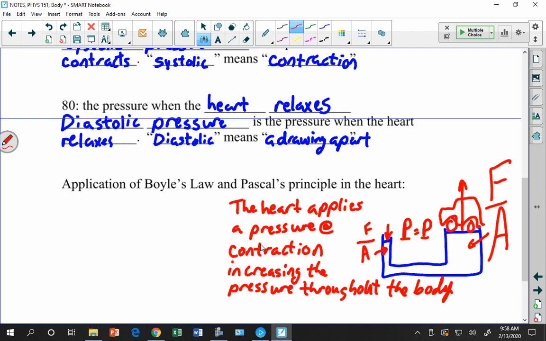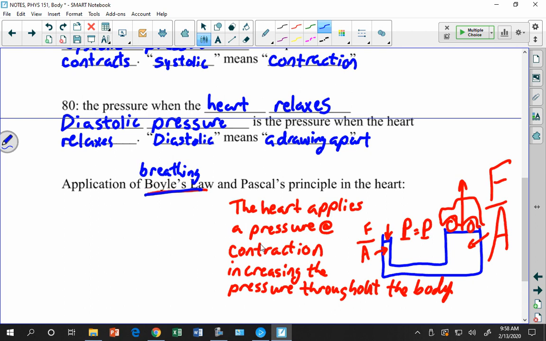There's also an application of Boyle's law. I'll do it in blue. Boyle's law is really only supposed to be applied to gases, but we can think of it as being applied to the heart as well. Boyle's law, if you remember, B is for breathing. Remember the inhale, exhale?